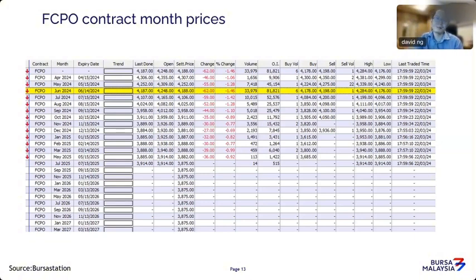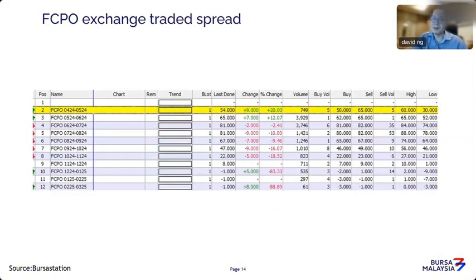Now, this is a table for the SCPO exchange traded spread. So you can clearly see you can trade May, June, June, July, August. These are all calendar time spreads you can look at. If you are looking at certain pairs, April and May is pretty much spot contracts.